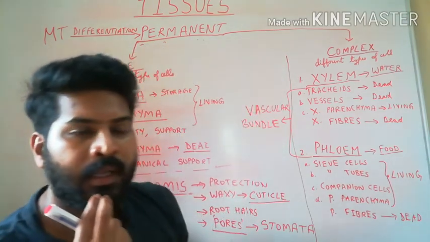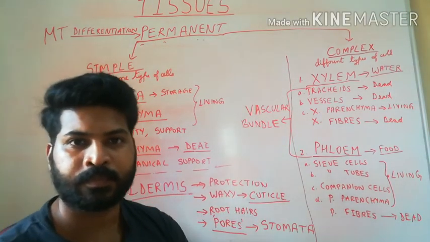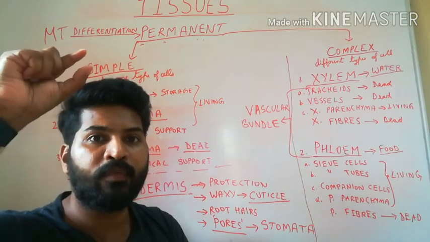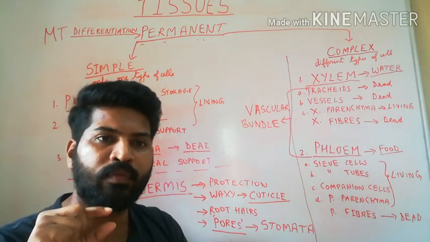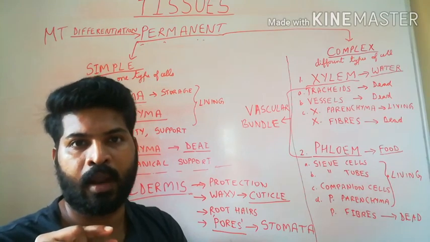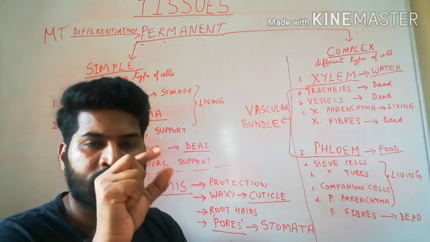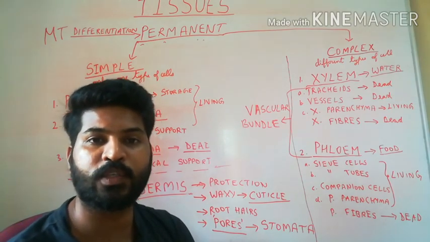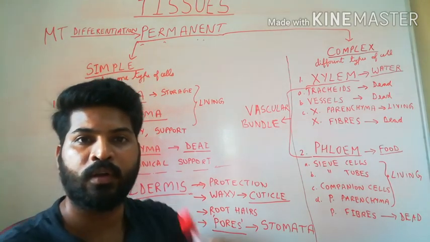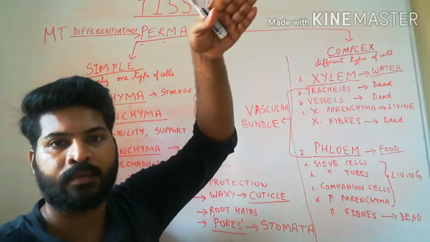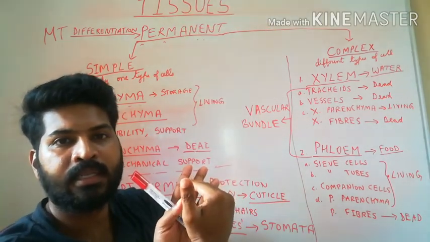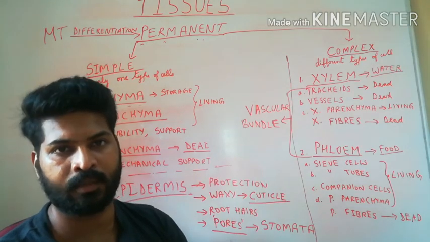To quickly summarize the portion of plants, the growing regions of the plant, that is the tip of the shoot, tip of the root, and near the nodes and on the sides of the plants, we find meristematic tissues. They are responsible for the growth of the plant. They keep on dividing and they increase the length of the plant and increase the girth of the plant.